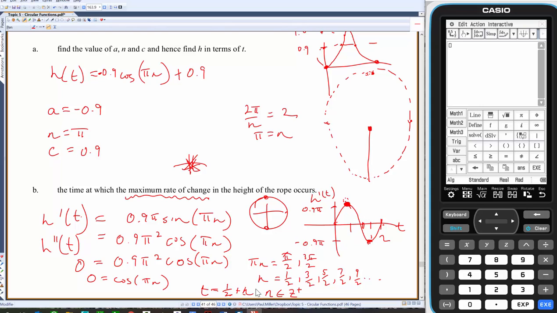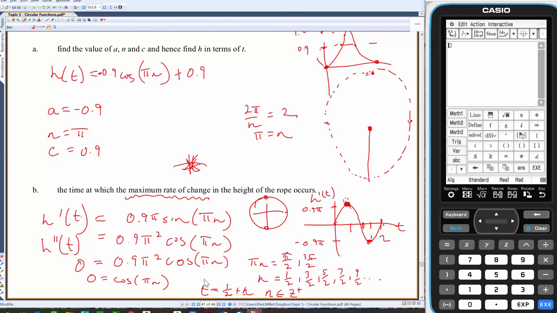And now let's see if we can grasp what I've done there. So I've said that these are all the times when the rate of change is going to be at its maximum. So it's at a half, 3 on 2, 5 on 2, and there's nowhere in there that says she skips for, say, like 10 seconds or 20 seconds or 100 seconds.